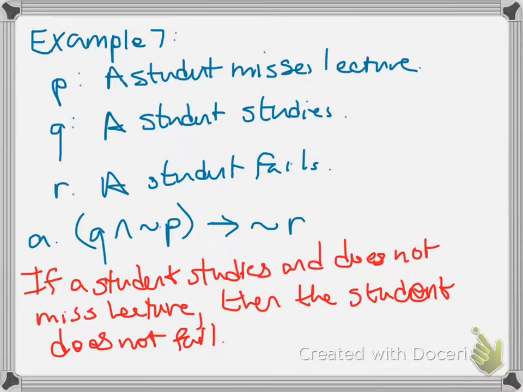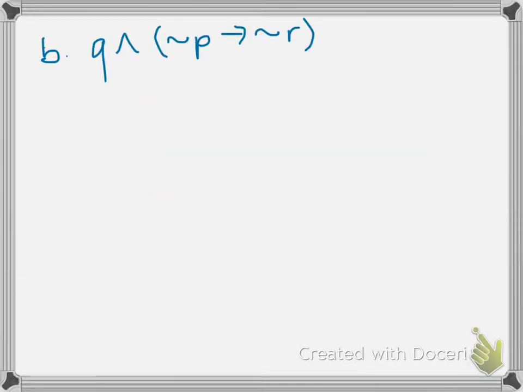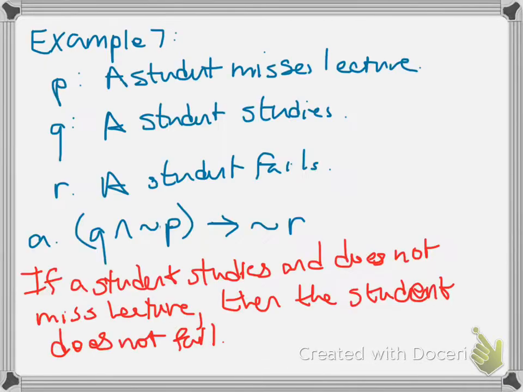So now let's go to part B, same statements. This time we're doing Q and if not P, then not R. So Q, a student studies.